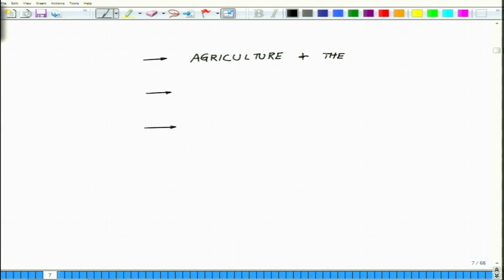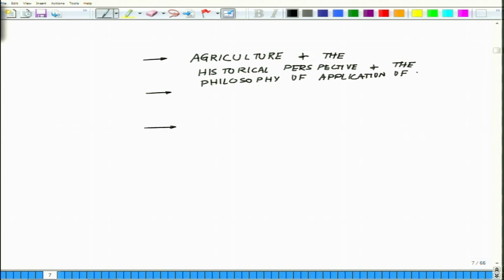the historical perspective and the philosophy of application of nanotechnology in agriculture.